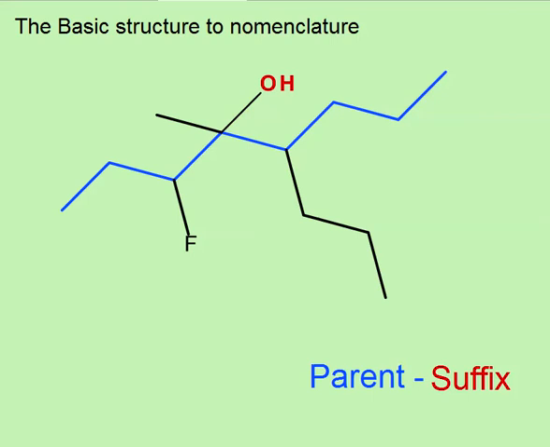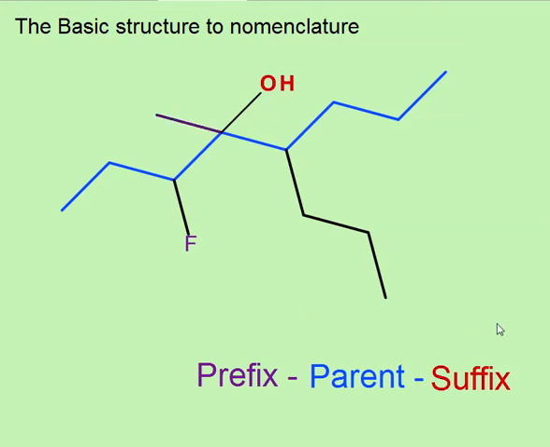In front of that parent name, we put in the prefix, which is the branches in the molecule, and we have some branches here. The fluorine atom, which is branched off the main chain.